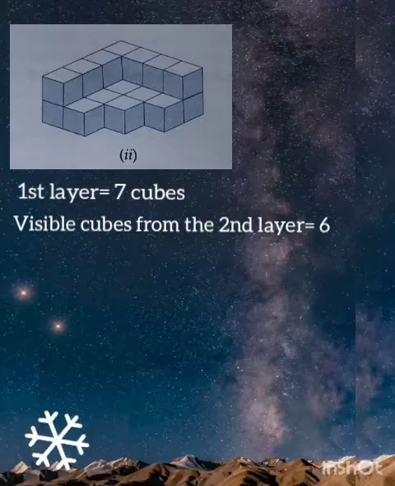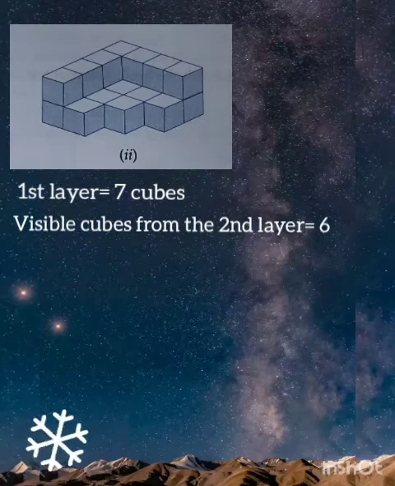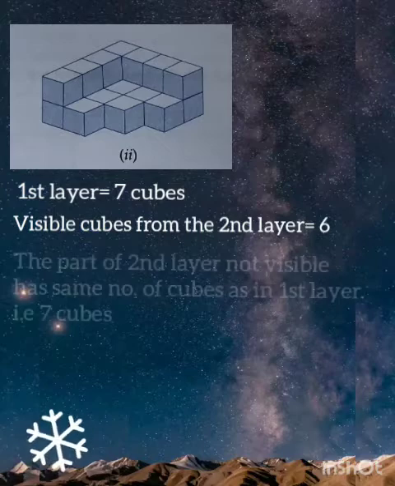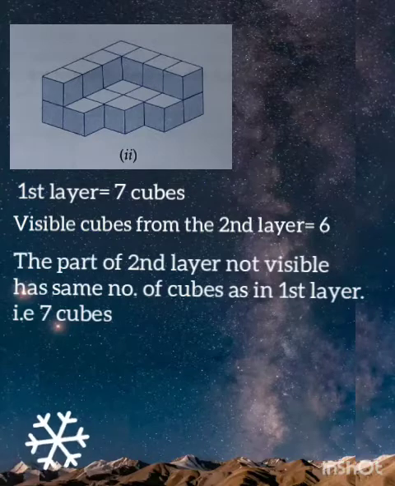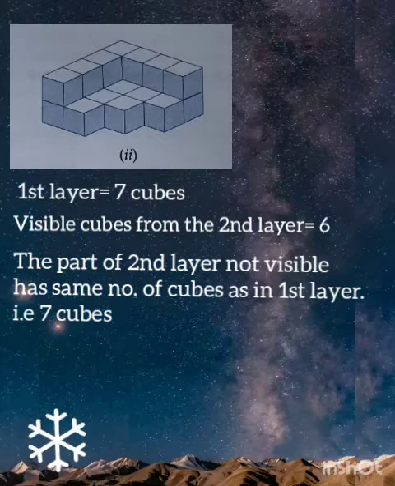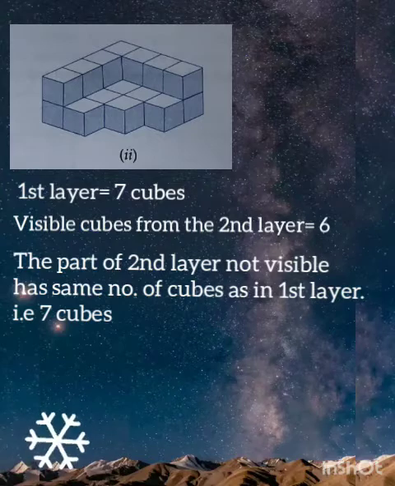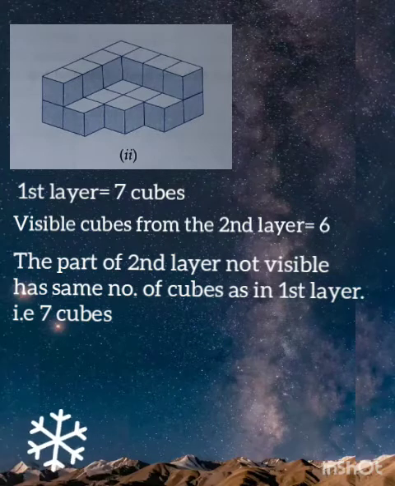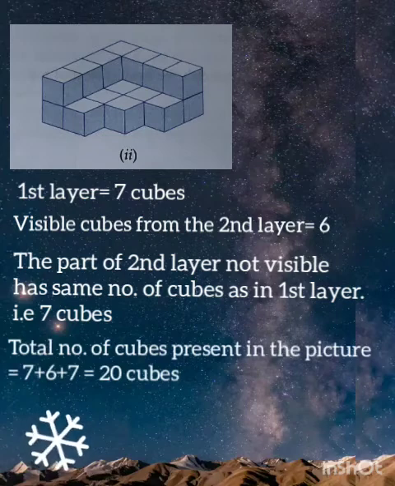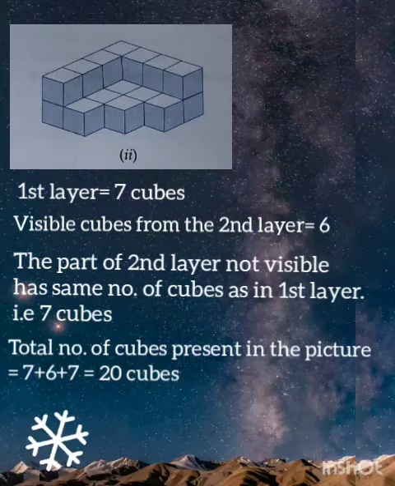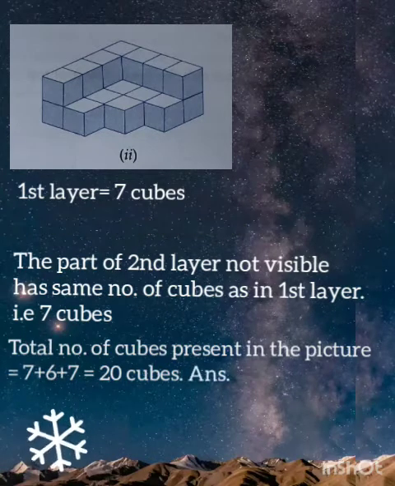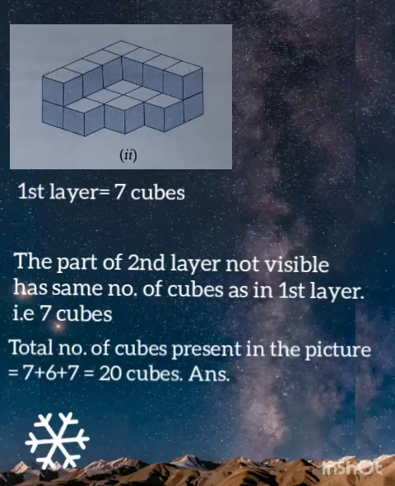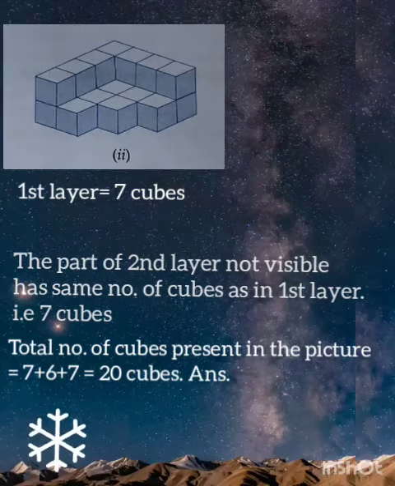And the layer which is just beneath the first layer will also have exactly the same number of cubes. So that layer will also have 7 cubes. So the total number of cubes present in this picture will be 7 plus 6 plus 7 becomes 20, and this is your answer. So children, let's move further and see a video.